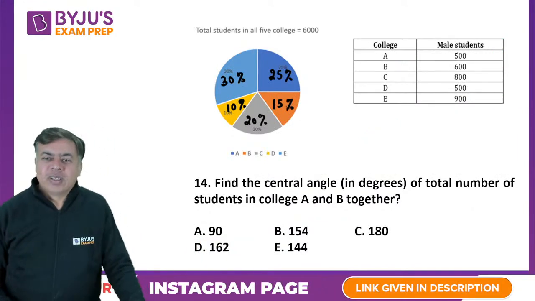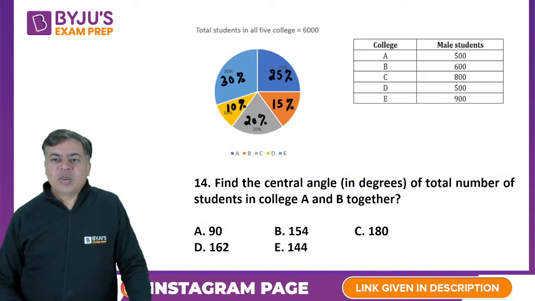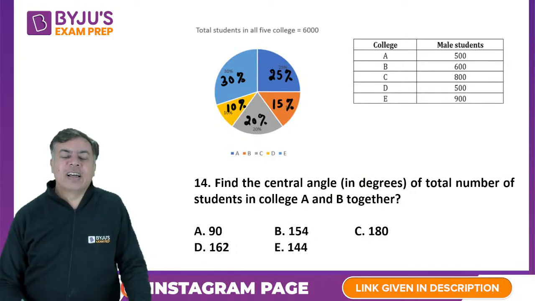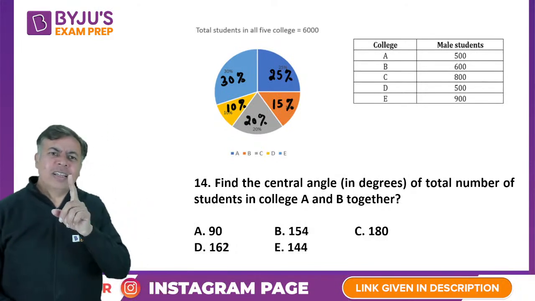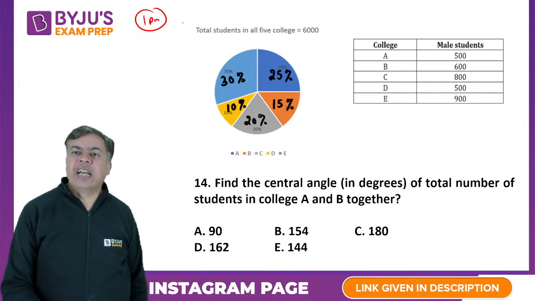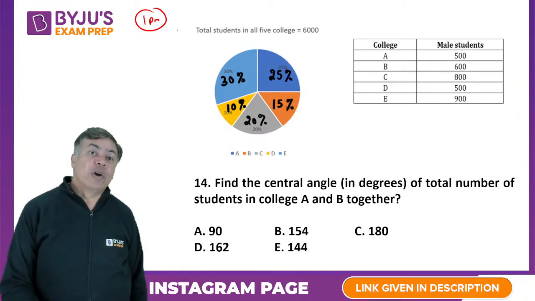Next one, central angle. Actually this value is given. Otherwise, for central angle, in yesterday's class also, I took one class yesterday at 1 p.m. My class was in the afternoon, and that was also on DI. If you have not seen that class, you can see it.